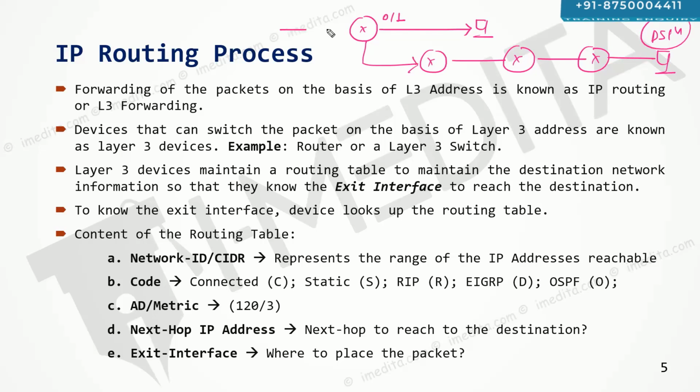So when the packet is received, it is decapsulated. When the packet is sent, it is encapsulated. Once the router forwards the packet out of a certain exit interface, it really doesn't care if the packet is received at the destination or by another router. If the packet is received by another router, then that router will perform the decapsulation and take a look at the routing table.